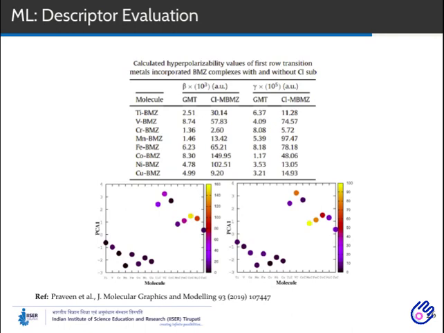Finally, a simple example of a descriptor evolution using machine learning has been discussed. We have theoretically estimated the first and second hyperpolarizabilities of some benzimidazole metal complexes with and without chloride substituents. It is hard to extract the trend from this random data.